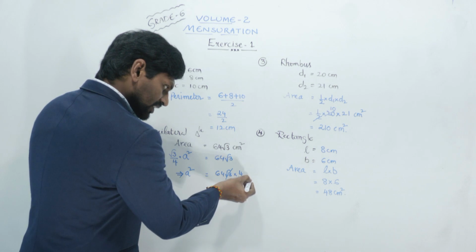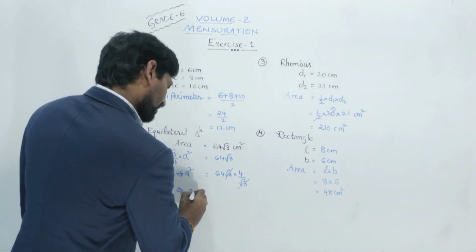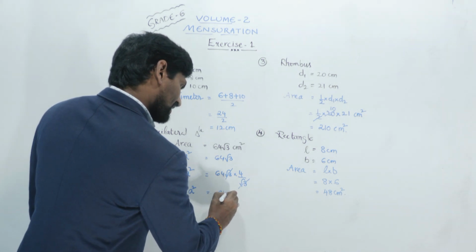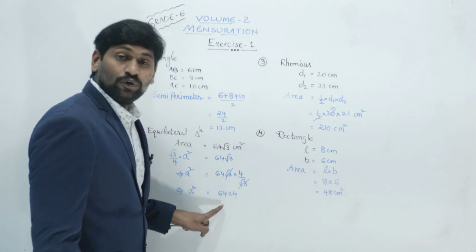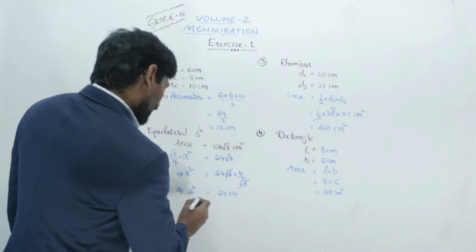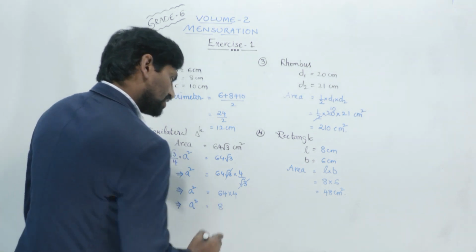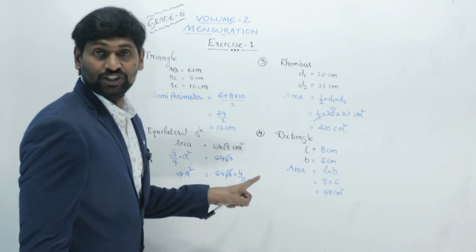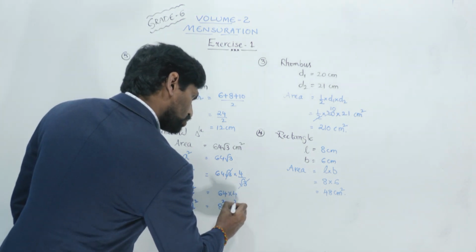Numerator root 3 and denominator root 3 cancel. That implies a square is 64 into 4. We already know 64 is a square number, and 4 is also a square number. 64 can be written as 8 square, and 4 as 2 square.